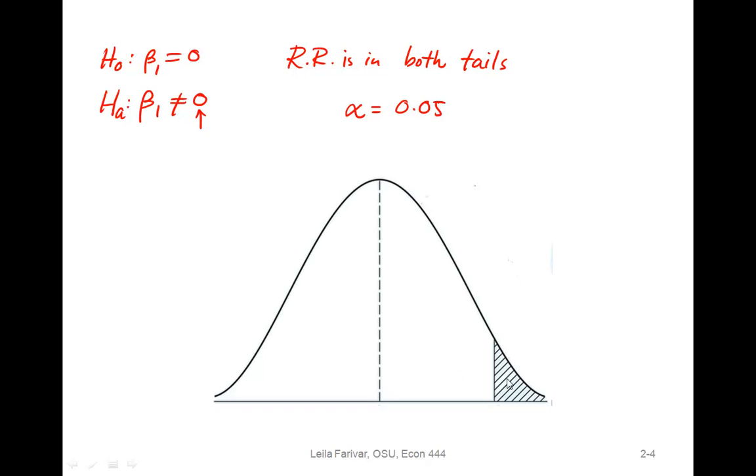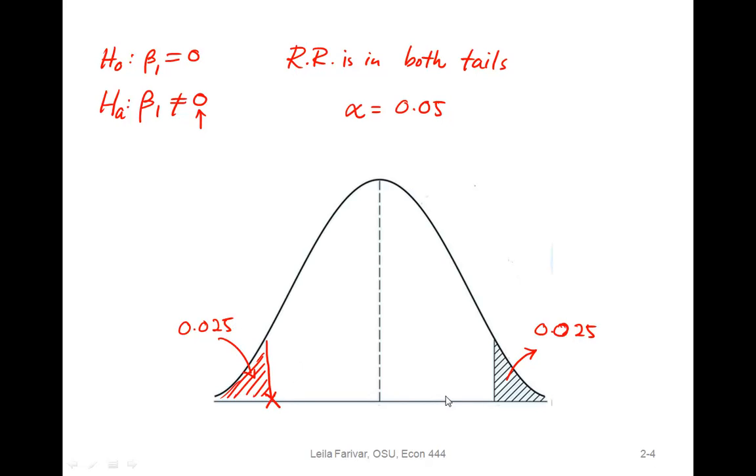Then the shaded area to the right would be half of that much, and the shaded area to the left, which would be the mirror image of the area to the right, would also be half of the significance level, or the probability of type 1 error.